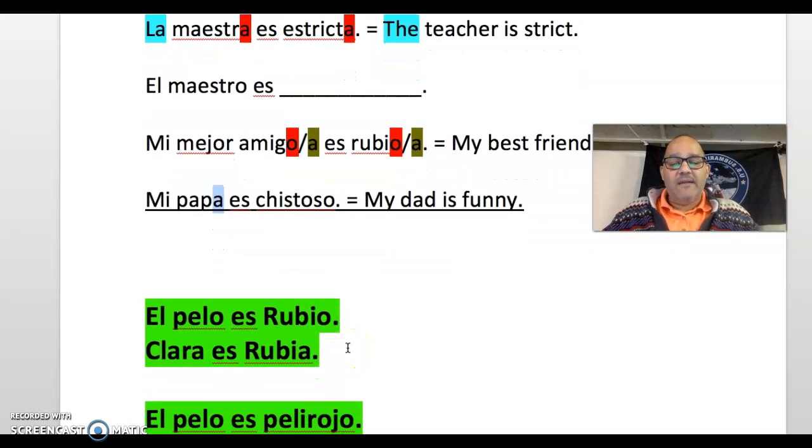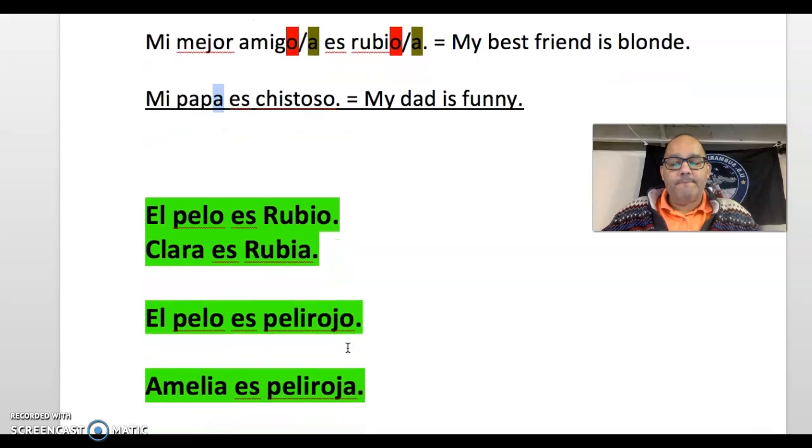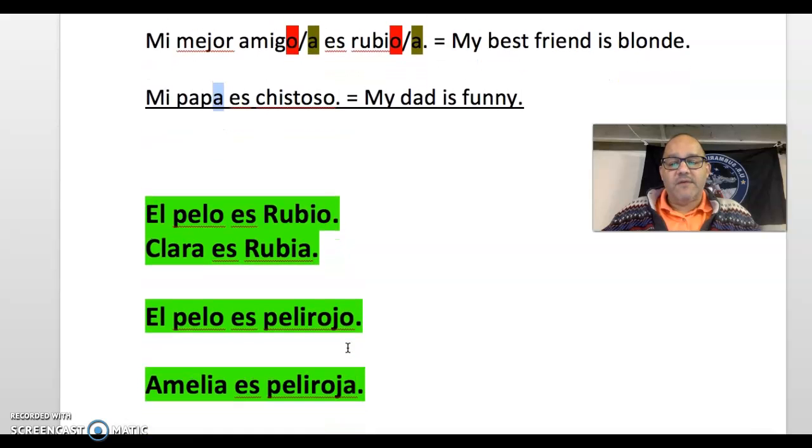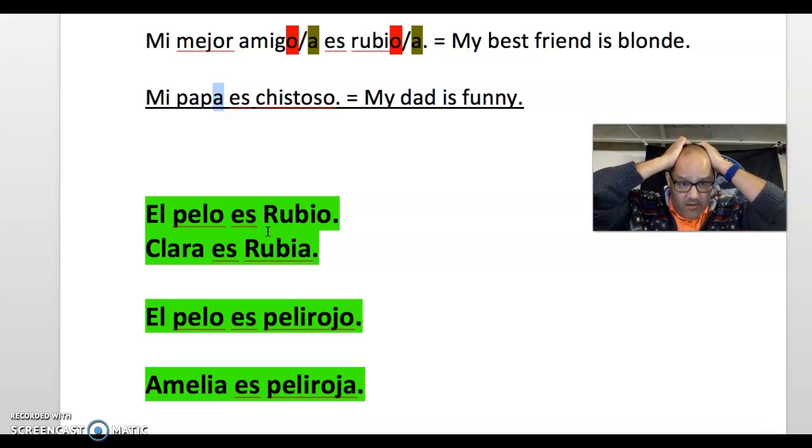Now, everything, and I want you to see this. For example, "el pelo es rubio," the hair is blonde. "Clara es rubia." Well, if you're talking about the person's hair, the hair itself is masculine.